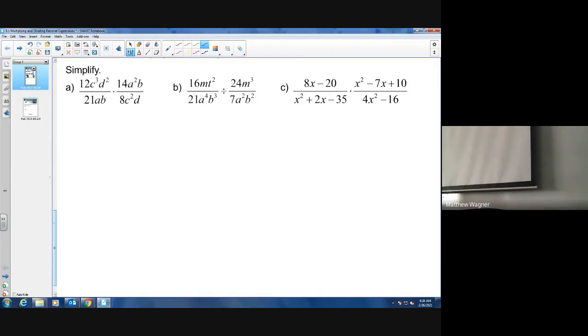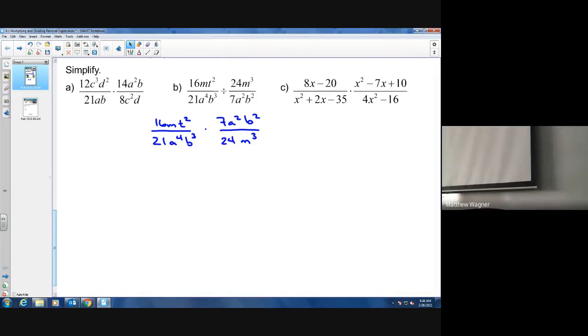So what I'm going to do is take 16mt squared divided by 21a to the 4th b cubed. Instead of dividing by a fraction, I'm going to multiply by the reciprocal. At this stage, keep in mind that you can multiply and simplify in any order. If it helps you to rearrange it, you're welcome to, but it's not necessary.